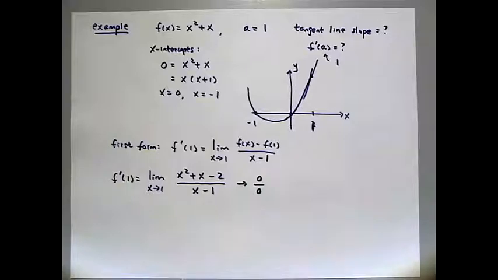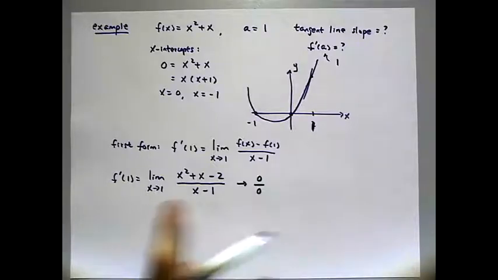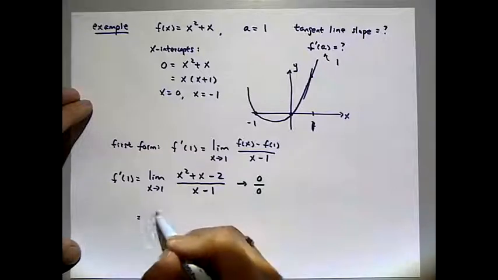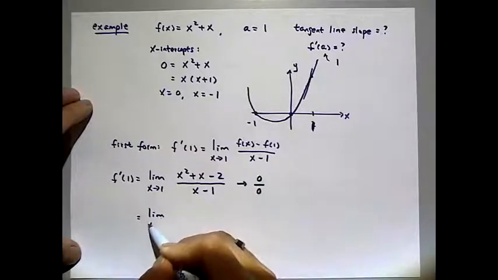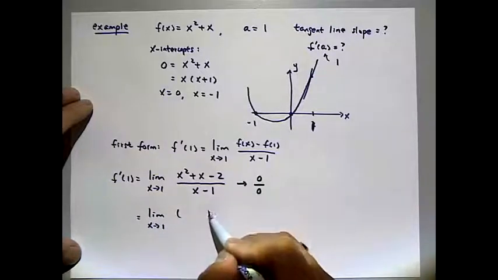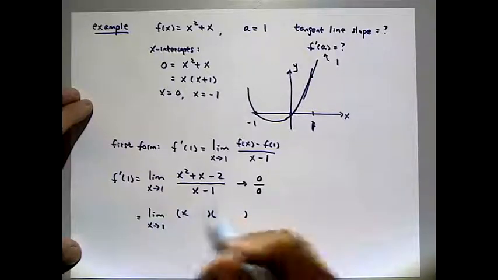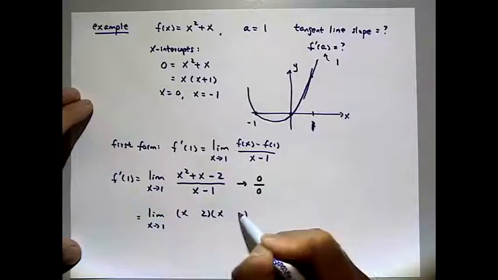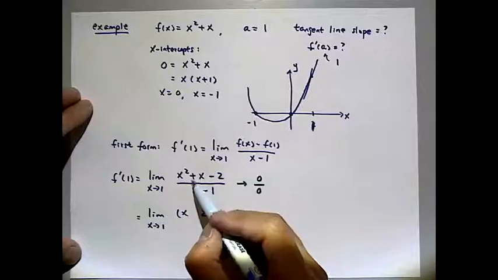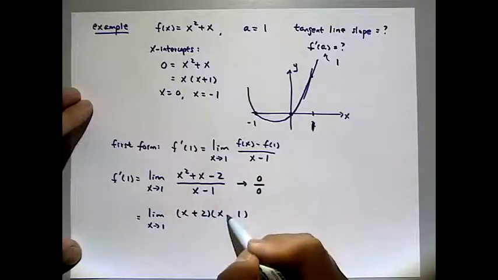And remember, that's a universal sign that there's something causing the 0 over 0 that we can either factor out, cancel, or do other stuff. Right here, the obvious thing is just to factor the top. I want a plus here, so I want a plus 2 and a minus 1.